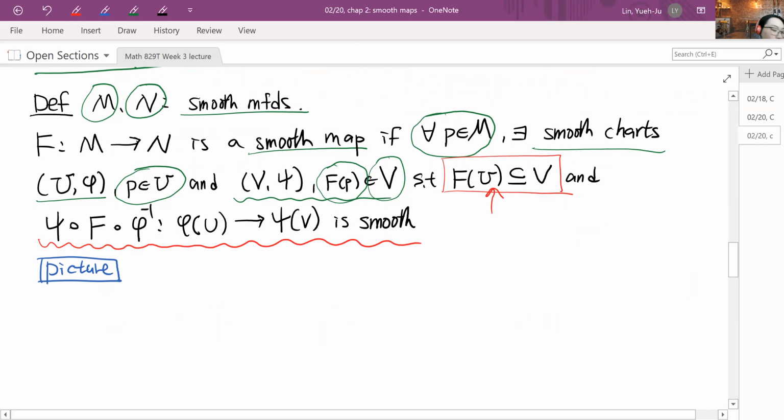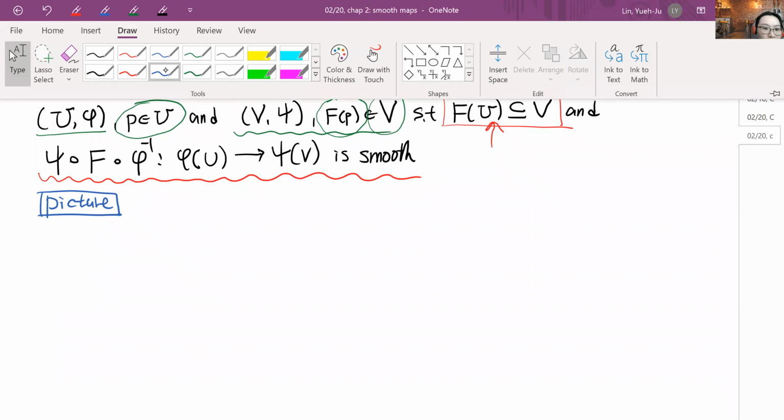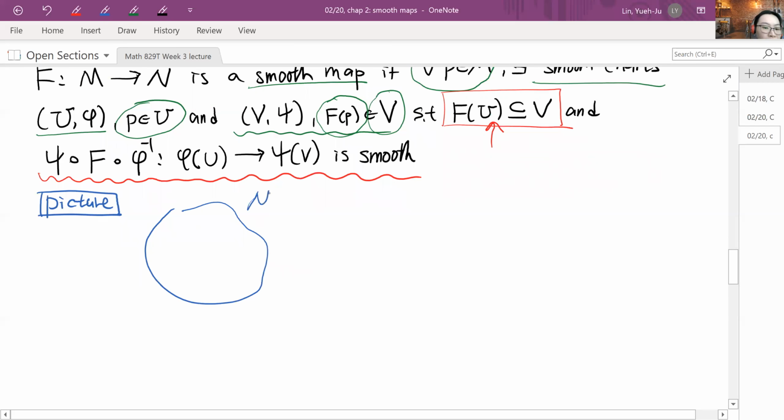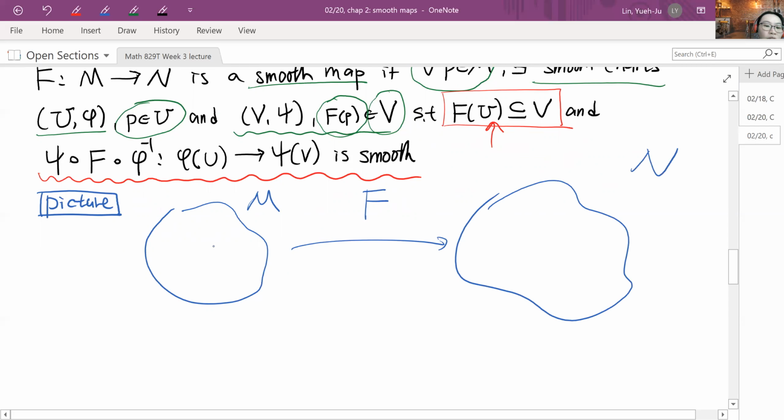So let me just draw the picture. It's easier to see. You have a manifold M, mapping to some other manifold N. How do I know this is smooth? For every point P here, I can find a smooth chart U containing this point.